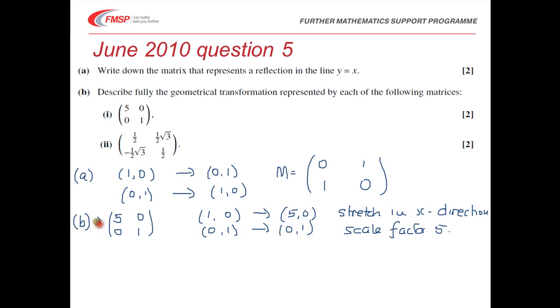So in part 1, we want to describe it fully, so we need to know that it's a stretch in the x direction and scale factor 5. For part 2, now when you see things like a half root 3 and so on, you should recognise some of these from your trigonometry, as they look like sines and cosines of angles, for example 30 and 60.